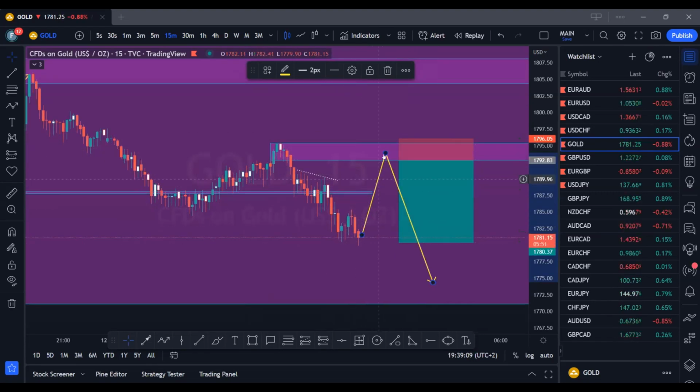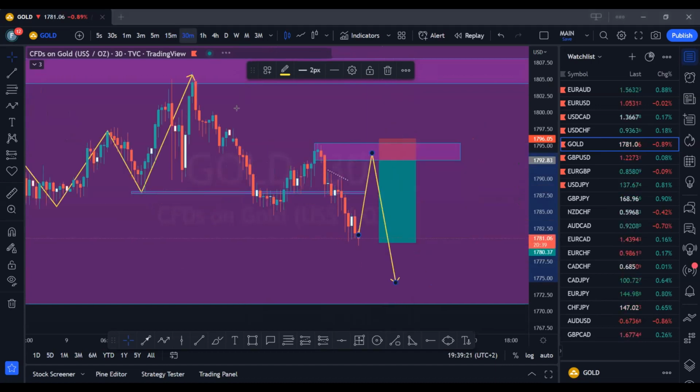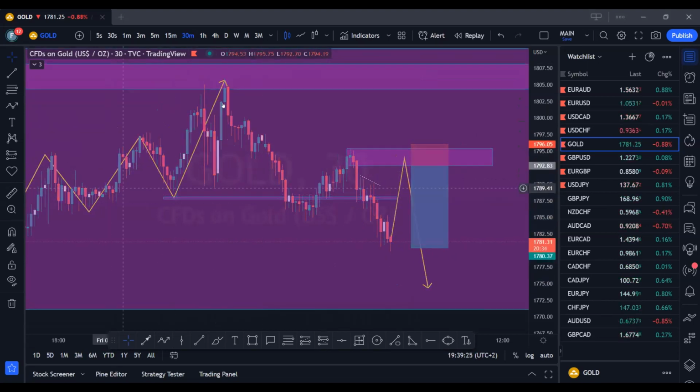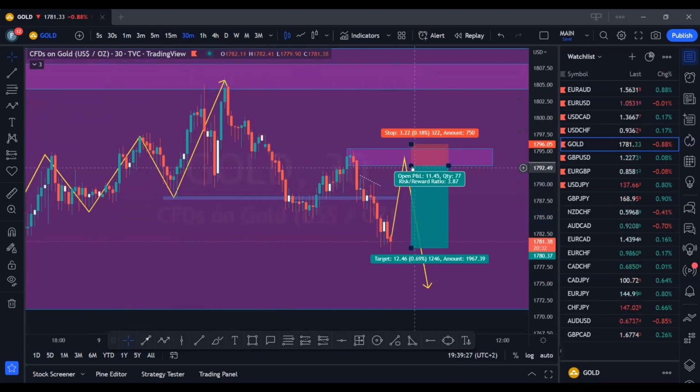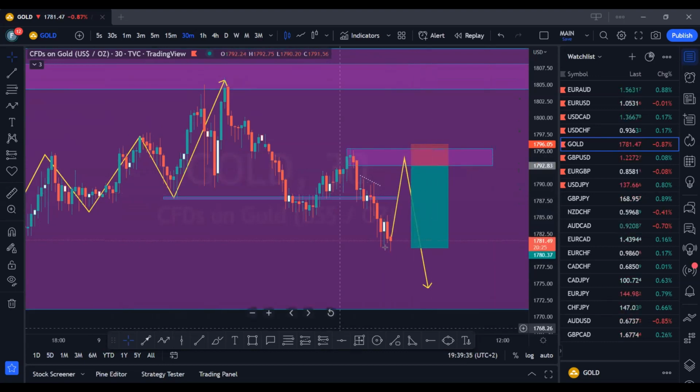This shouldn't take more than the next 24 hours or 2 days max to happen. And then you're on the right side of the market, because on the 30-minute chart, the order flow has shifted from bullish to bearish. We are also on a supply zone on the weekly. All right, hope that makes sense.